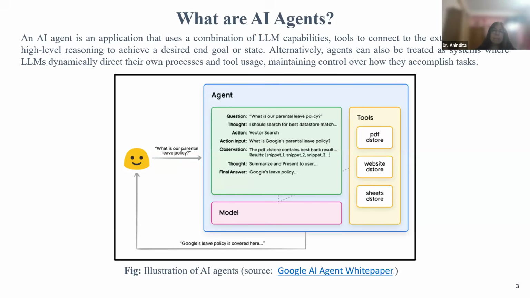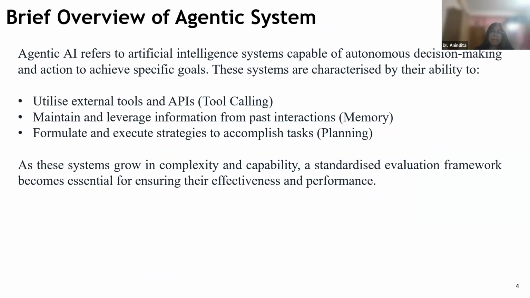In this example also you can see the same thing. This is basically a conversational bot. We have the LLM models, we have different tools from which it is accessing different information, and ultimately it is giving the response to the user.